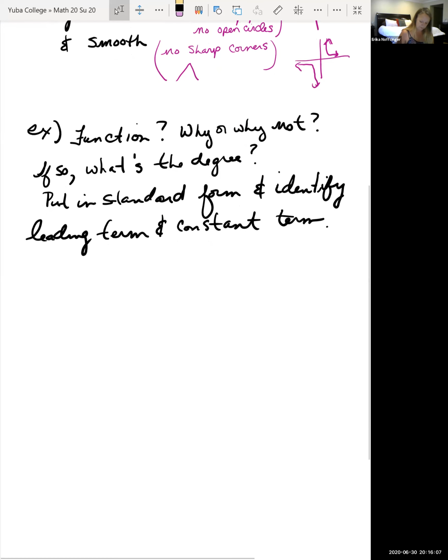Okay, so looking at the following, I'm going to write this down. What if we had f of x is equal to 5x squared plus 4x to the fourth? Looking at this, does it follow all the things that had to hold true?